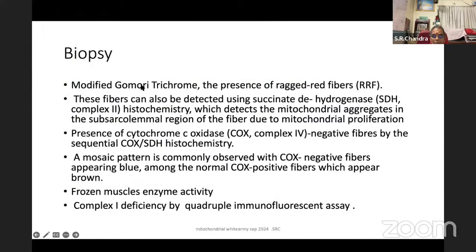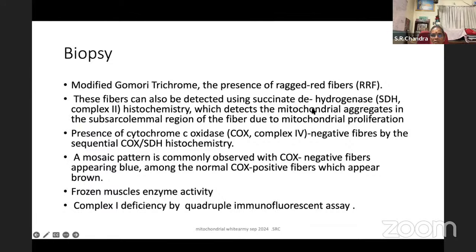Biopsy: ragged red fiber in the modified Gomori trichrome. Then you have got succinate dehydrogenase histochemistry, which detects the mitochondrial aggregates in the subsarcolemmal region of the fiber due to mitochondrial proliferation. That is accumulation of mitochondrial material which should be eliminated.